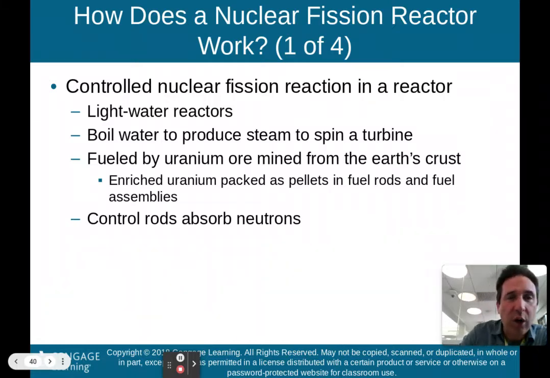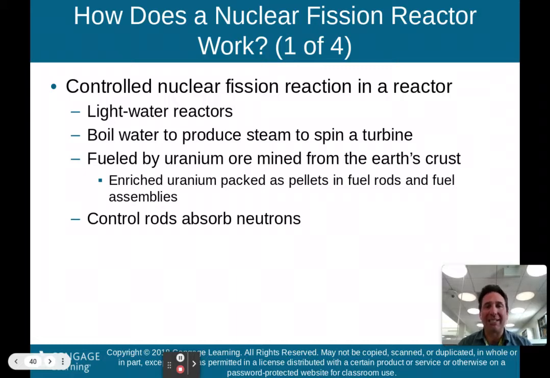So we have light water reactors, which basically boil water to produce steam to spin a turbine. So again, you have this nuclear fission happening that produces energy, which is basically heat that boils water, produces steam that spins a turbine, and then that turbine actually produces the electricity that then is used. Nuclear power plants are fueled by uranium ore mined from the Earth's crust.